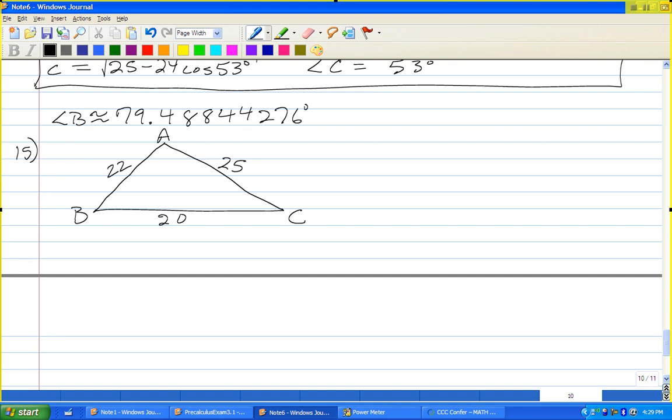So I guess I'll just have to use law of cosines first to figure out these angles. Maybe I'll do C first.